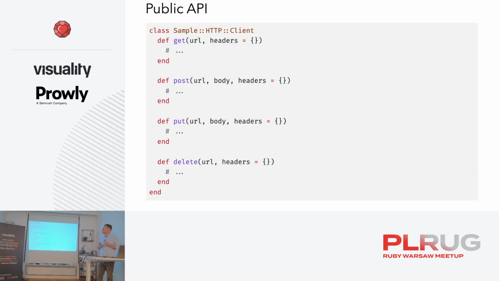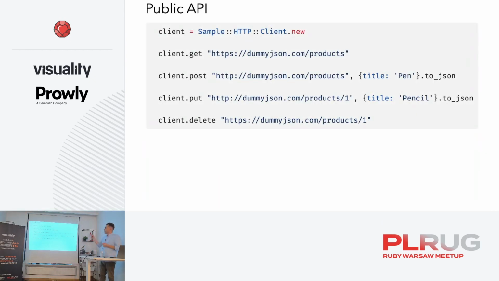So to do that, let's take a look at how a sample HTTP client in Ruby might look like. Well, first it will have this public API. The public API will usually represent HTTP verbs, HTTP methods. And we can use this sample HTTP client like that.